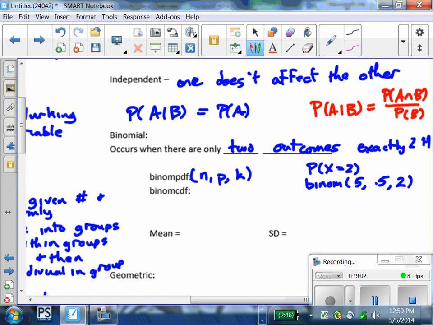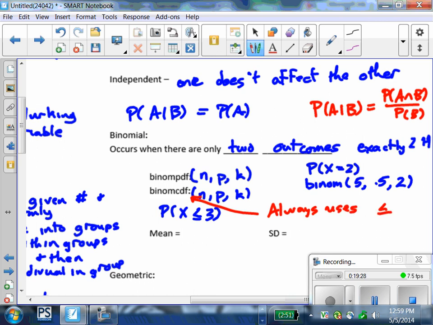CDF would be, again, same process, but this would be, what if we said, what's the probability that we get no more than 3 heads? Now, here's the thing, binomial CDF, not a ton of room, it always uses less than or equal to every time.